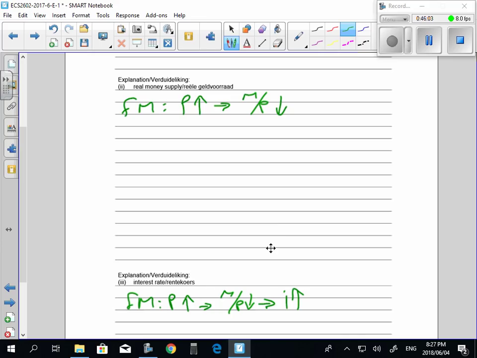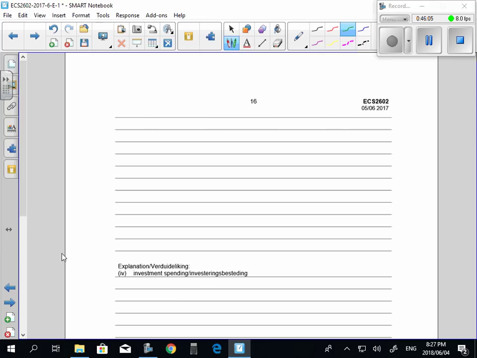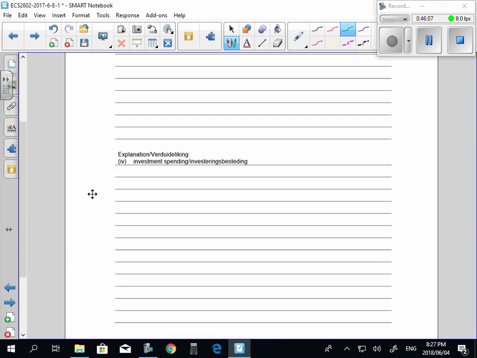And your investment spending, this would obviously be now. If your interest rate has increased, okay, now we use this part of the model, the goods market part of the model, to explain why there would be a decrease in the output and income.